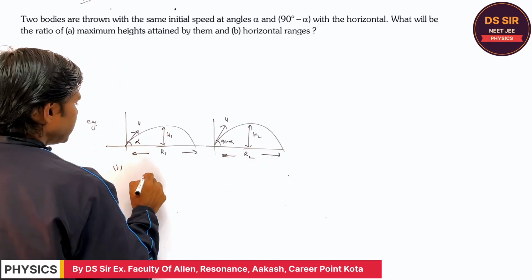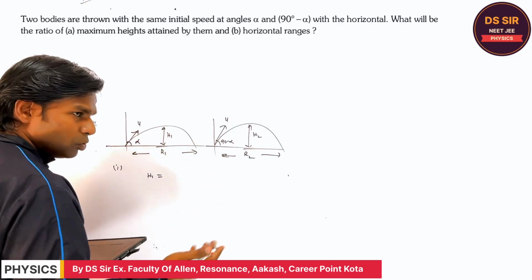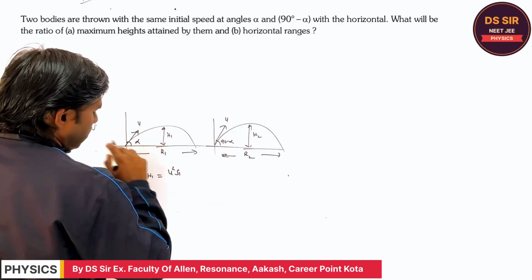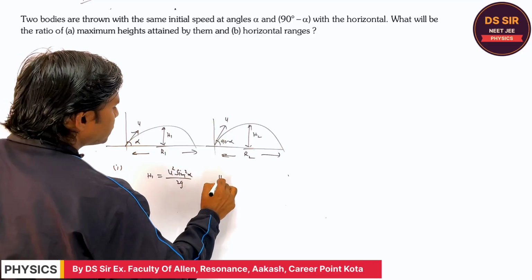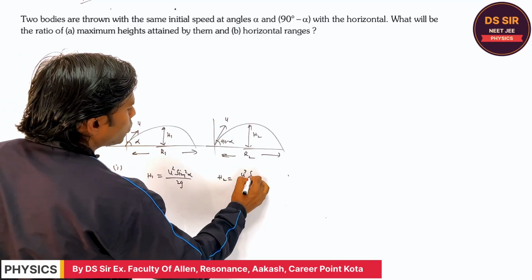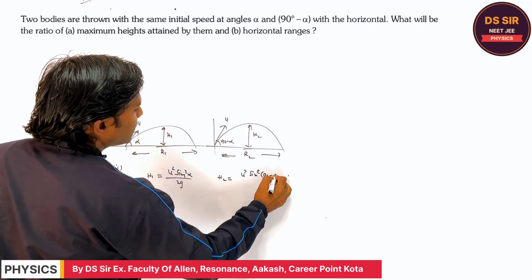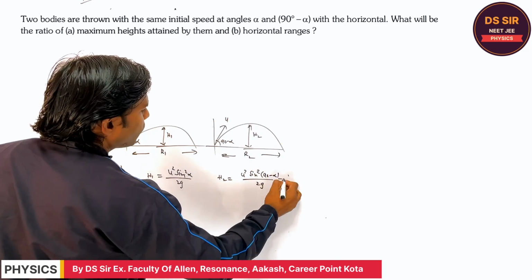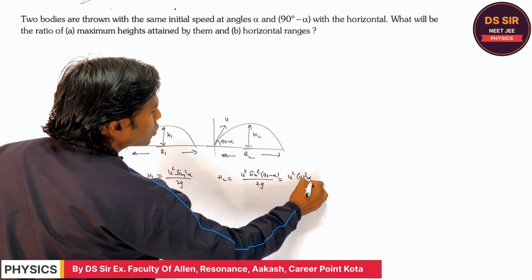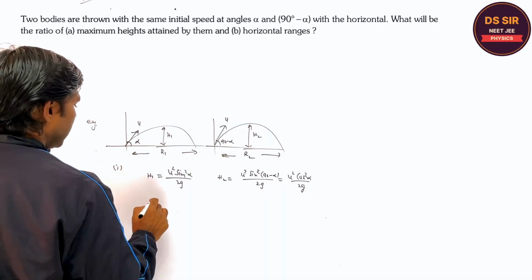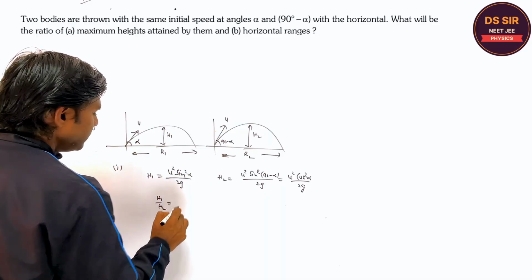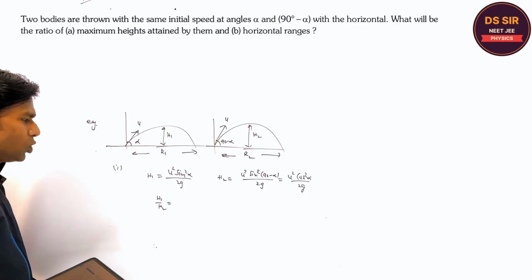In this case, H1, as I told you in the theory, is u square sin square alpha upon 2g. H2 is u square sin square of 90 minus alpha upon 2g, which is equal to u square cos square alpha upon 2g. Fine. So they are asking the ratio of H1 and H2.